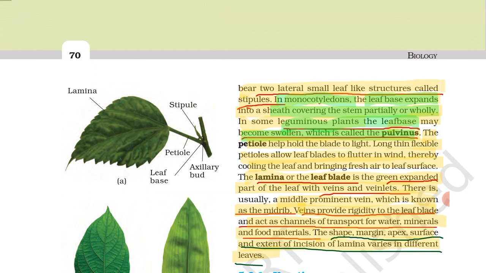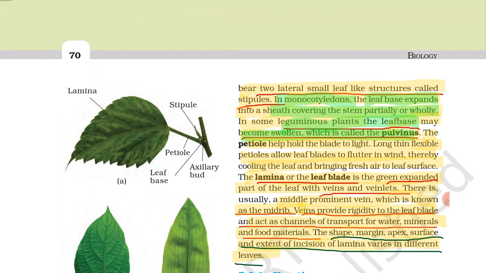In monocotyledonous plants, the leaf base expands into a sheath covering the stem partially or wholly.